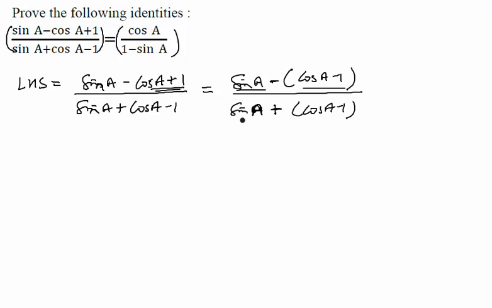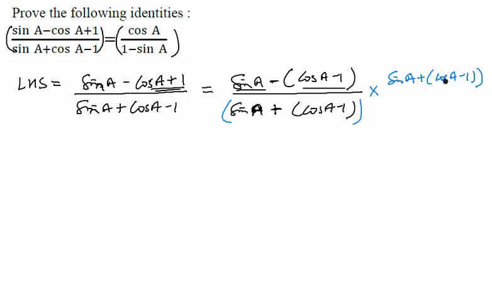So whenever you get something like this, one thing you can notice is that if you multiply by either the denominator quantity or the numerator quantity, you might get some simplified result. What I mean is that in this question I want to multiply by whatever is written in the denominator, sin a plus cos a minus 1.